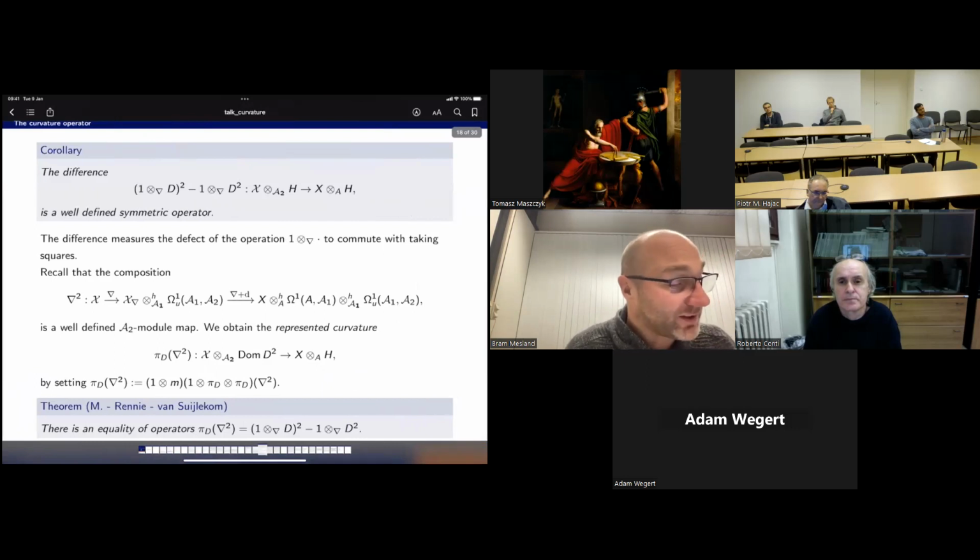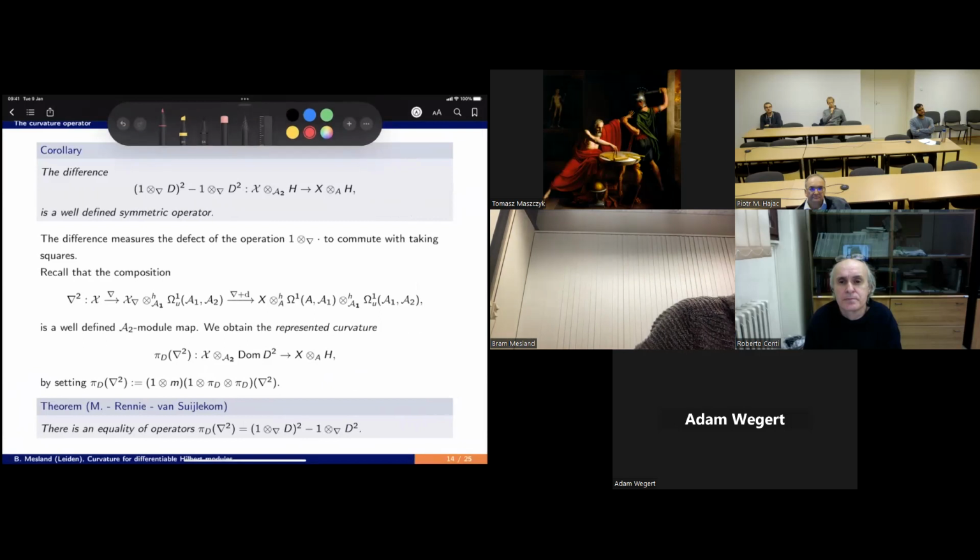And this means that the difference, here's another typo, is defined. We need the domain of D squared there on that space, because that space is a subspace. Well, the second operator here is just defined on that subspace, and the previous lemma shows that the first one is also defined there.